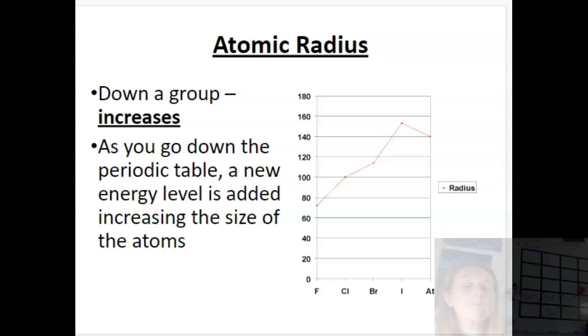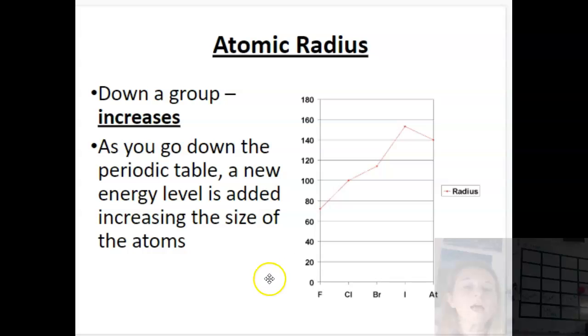But as we go down a group, we see that the radius increases, and this makes sense because we are adding electrons at different energy levels.